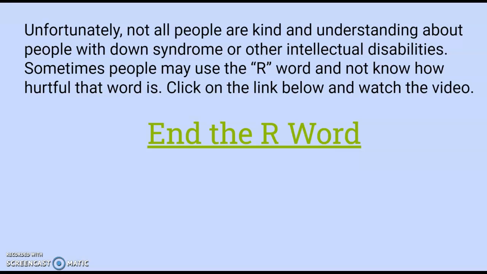We have learned how mean that word can be. And sometimes we use this word when we're not even speaking about somebody with intellectual disabilities. Maybe we're saying it to a person because they did something silly or something like that. And we may use that R word. And it's something we really shouldn't do.